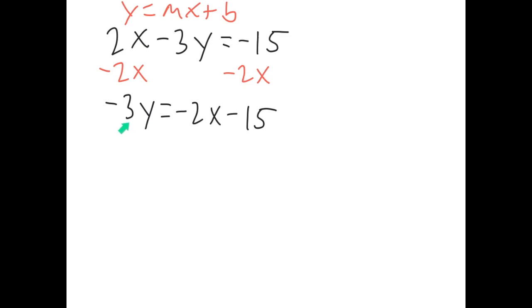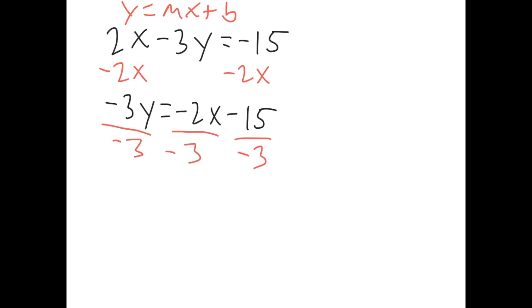It's being multiplied by negative 3. So now we need to divide both sides by negative 3. If you divide something by negative 3, you need to divide everything by negative 3. So we divide negative 2x by negative 3 and negative 15 by negative 3.